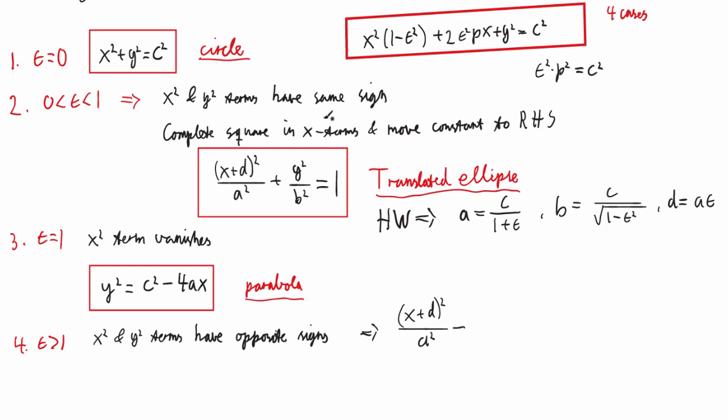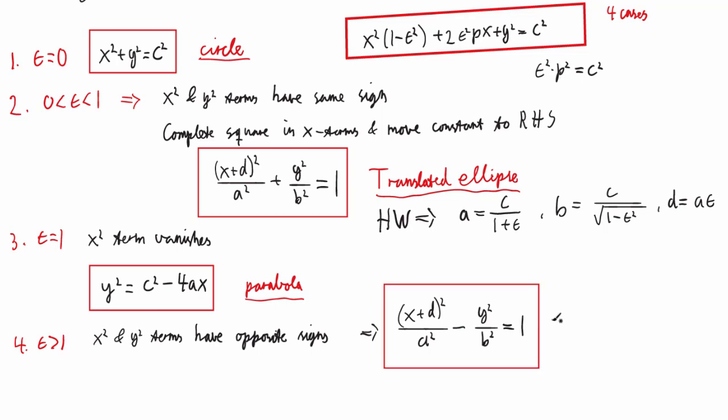We'll do the same thing that we did here. We'll complete the square in x. But now we'll have to change the signs over here on the y. I'm not going to show that in detail, but you can prove that yourself if you are interested.